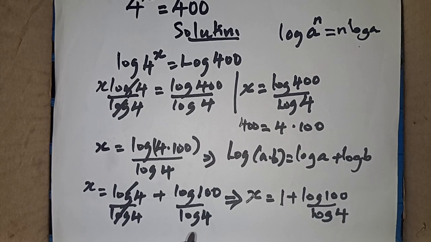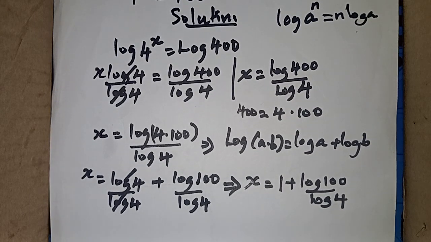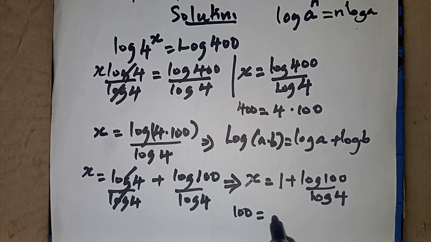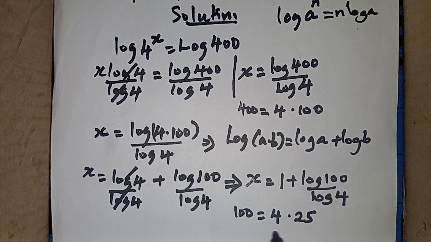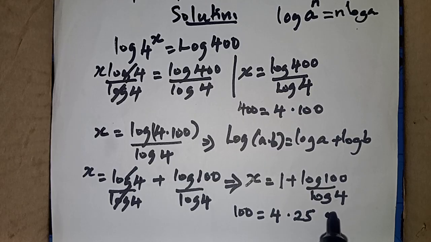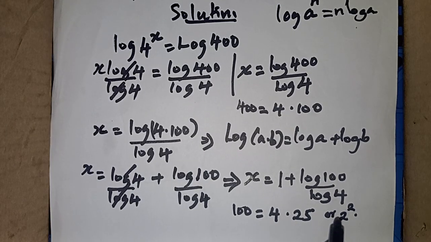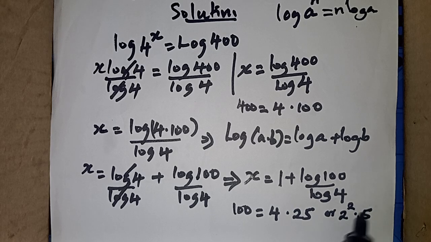It looks interesting. So let's find the factors of 100. I know that 100 can be written as 4 multiplied by 25, which is just 2 raised to 2 multiplied by 5 raised to 2.